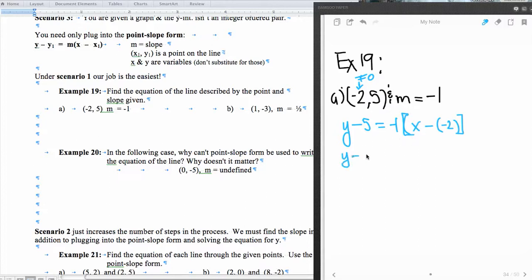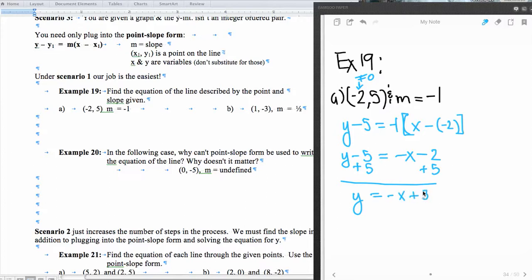So y minus 5 is equal to negative 1 times x, which is a negative x, and then negative times a negative times a negative, which is a negative 2. And then finally, one last step here, we add 5 to both sides, and we're going to finish off our equation. y equals negative x plus 3.